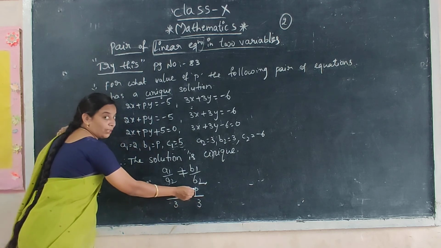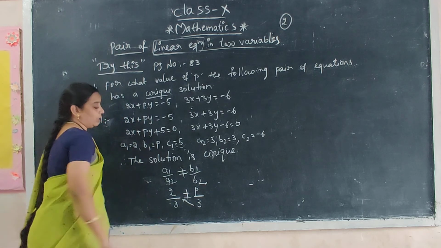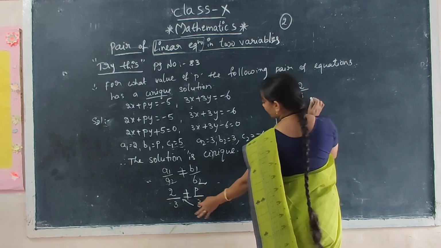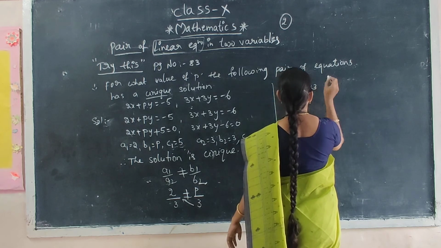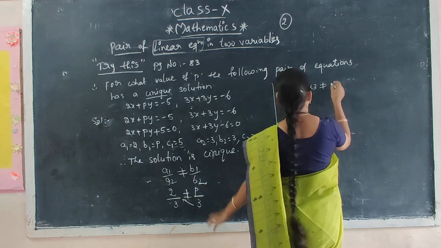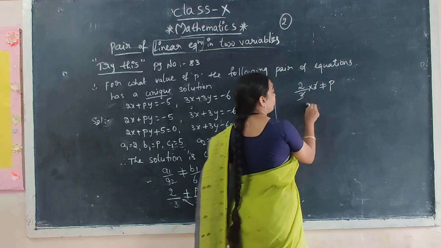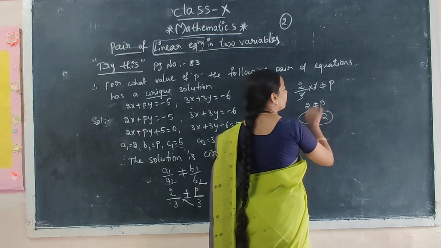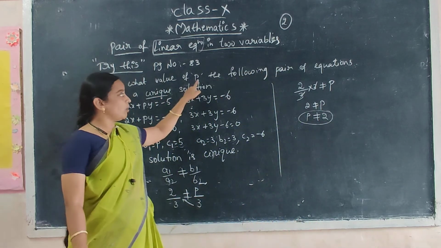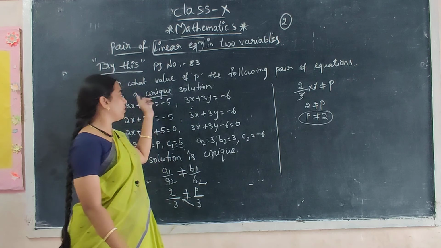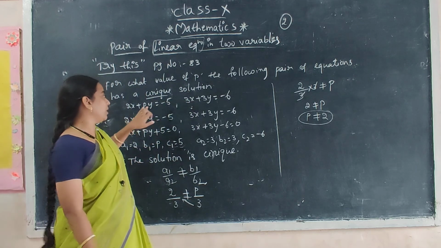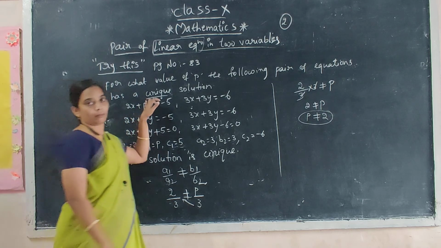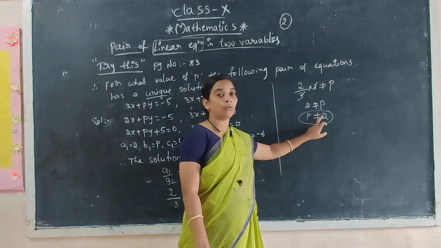Now we want to find the P value. This 3 moves to the left side. Already 2 by 3 is there on the left side. This 3 moves to the right side, so left side into 3 is not equal to the remaining P. 3 cancels, so 2 is not equal to P. That means P is not equal to 2. So here, for what value of P does the following pair of equations have a unique solution? So in the case of P, you get a unique solution. So here the answer you will get is P not equal to 2.